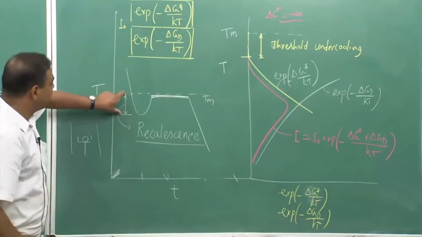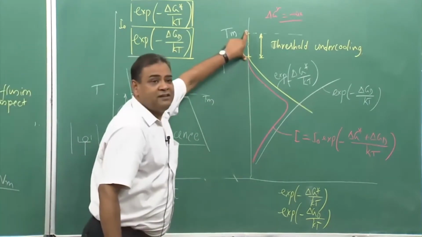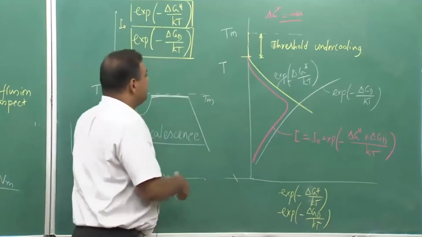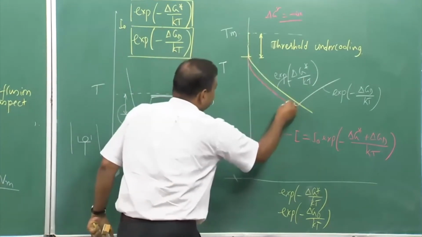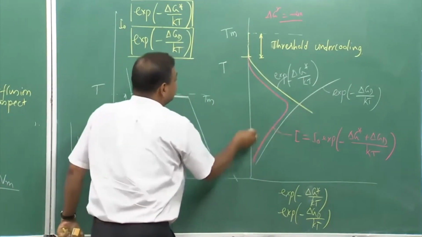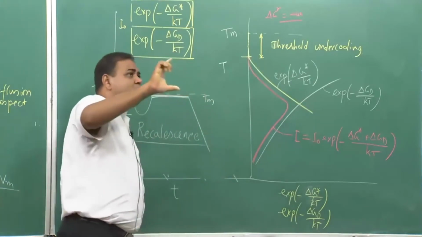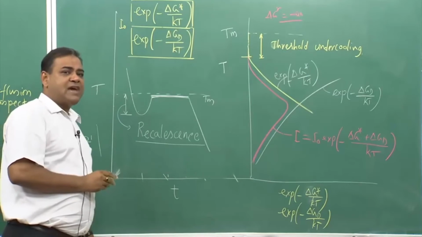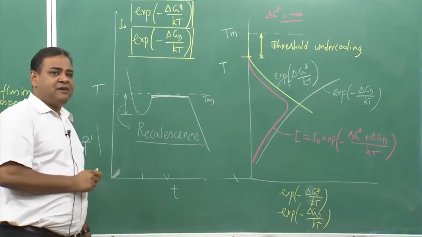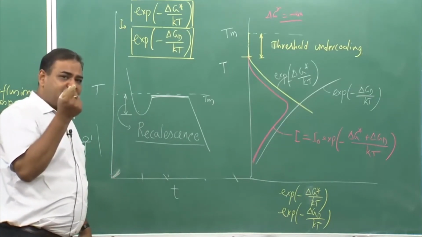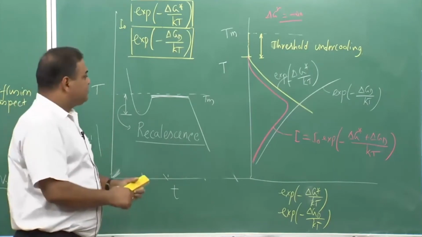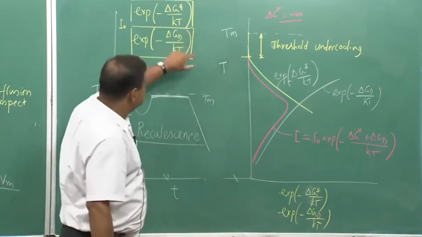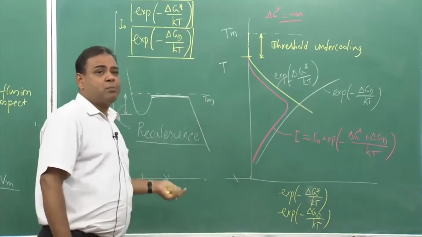So this is nothing but this. Now if we see the I variation, it is like this. Until we go a little below the melting point, we cannot have any existence of a nucleus. Okay, let us stop the discussion here and do some problem solving.